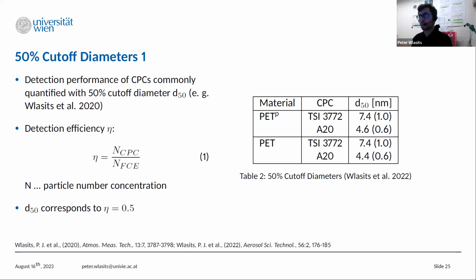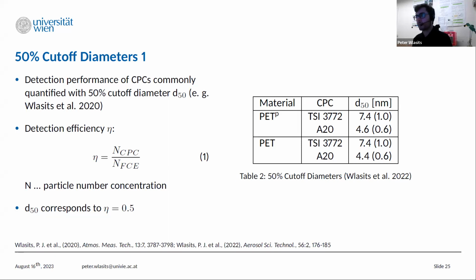We were able to also do these measurements, and the results you can see in table 2 here. In the first column, you can see the material, which was higher purity PET and commodity PET. The second column shows the CPCs we used, and the third column shows the cutoff diameter.